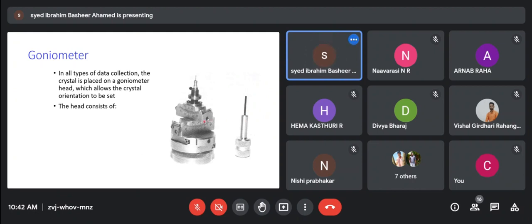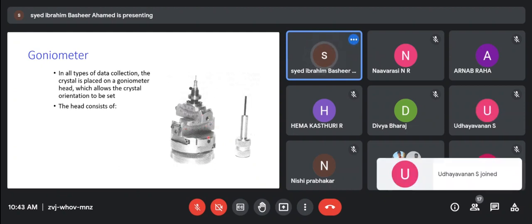All right. So what is this goniometer head? Here you can see different kinds of scaling, right? Here also some scaling is there, here some scaling, and then in another direction you have the scaling. So what is this scaling?